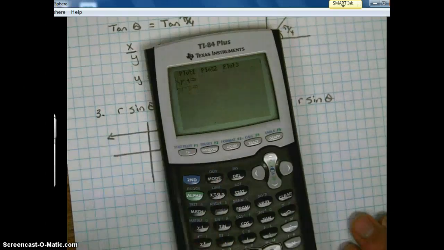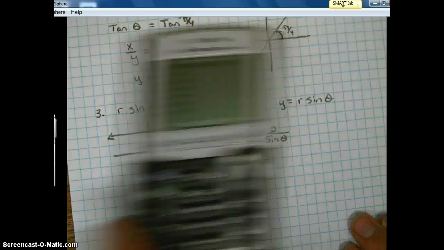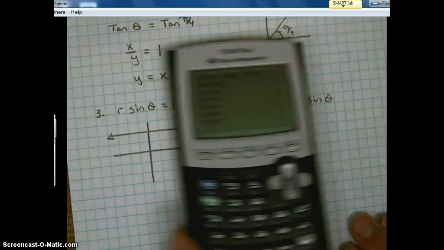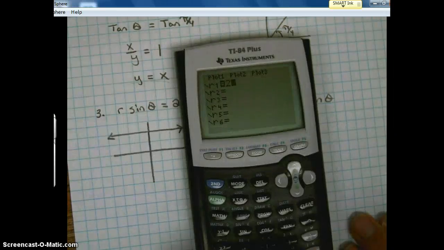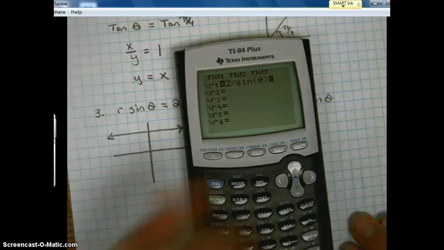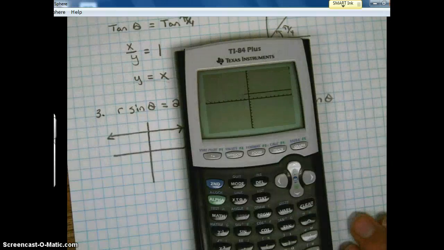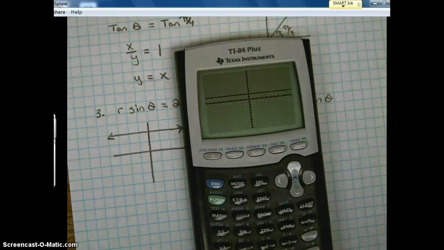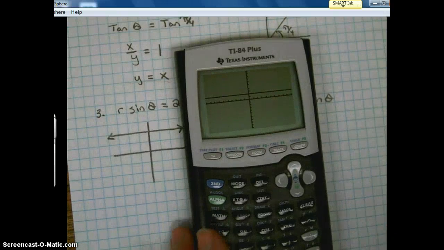Now when you press y equals, we get r equals, and we enter our equation, 2 divided by the sine of theta. And graph. And there it is, y equals 2. And that's how you get your calculator to graph your polar equation.